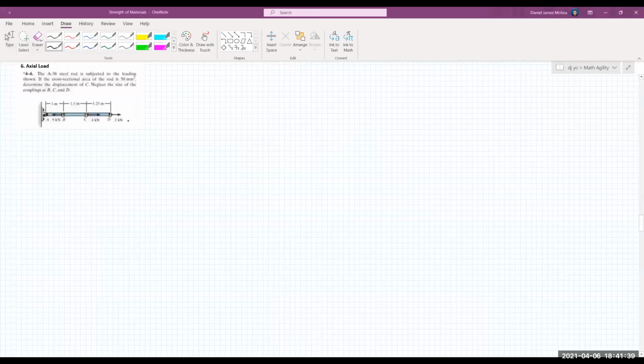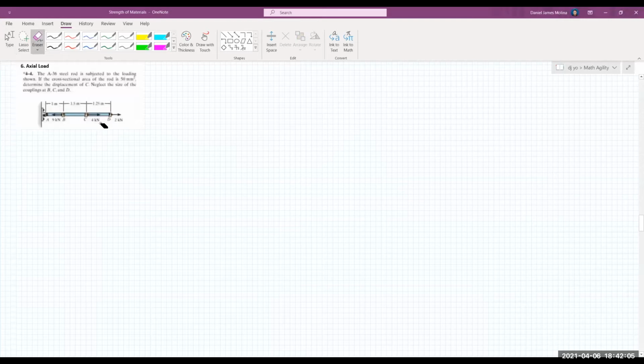Okay. So we are asked to solve for the displacement of point C. From the figure, we can conclude that whatever the deformation of bar CD, the movement of C will not be affected. So we will not include in our calculations the deformation of bar CD.